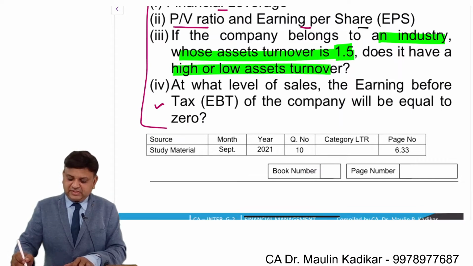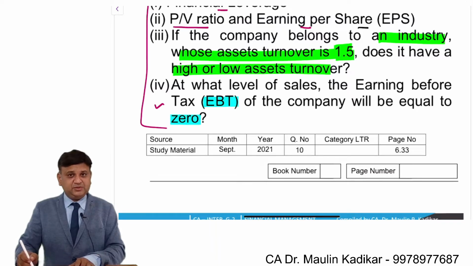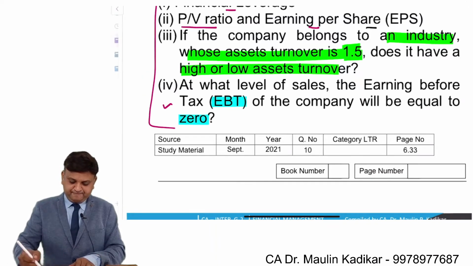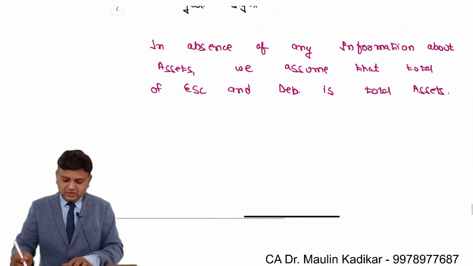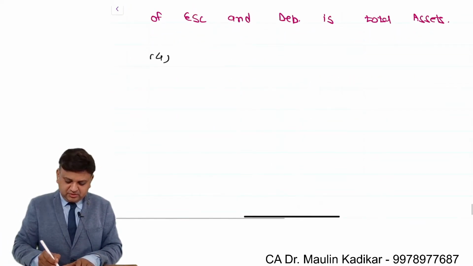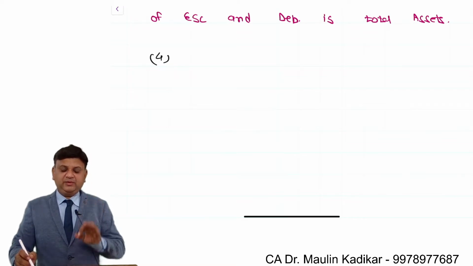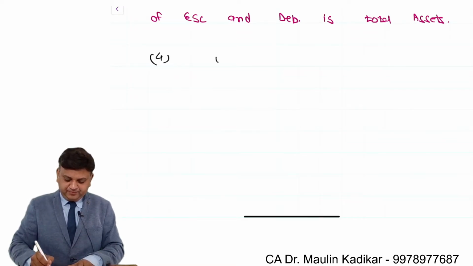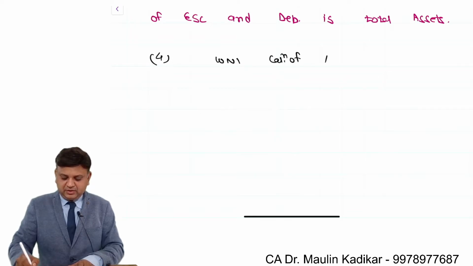At what level of the sales earning before taxes of the company will be equal to zero? That is the question. Dear students, we understand for the fourth question answer. Understand my point carefully. Working note number 1, calculation of percentage change in sales.